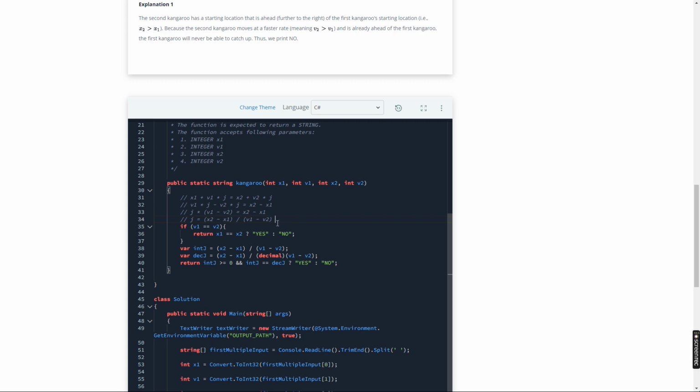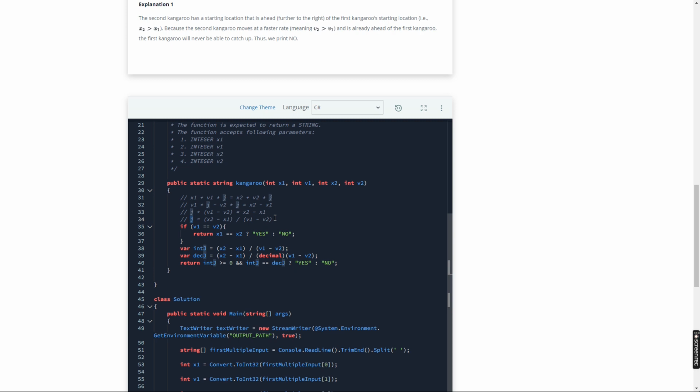Well, it looks like that, but we need to remember that kangaroos always jump a full jump. They cannot make half a jump. So that j should be an integer. That's the first thing. And the second thing is that kangaroos jump forward.